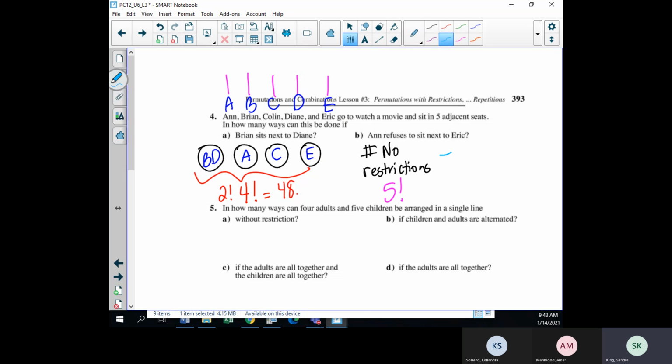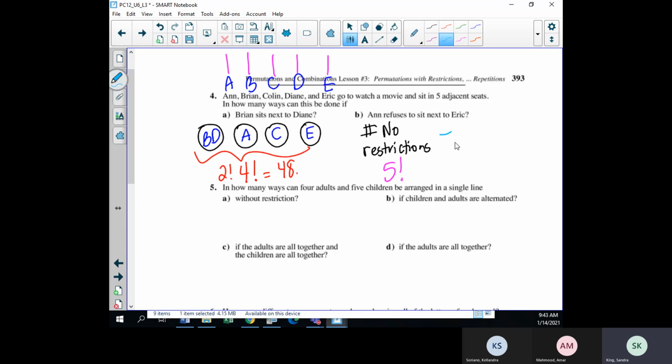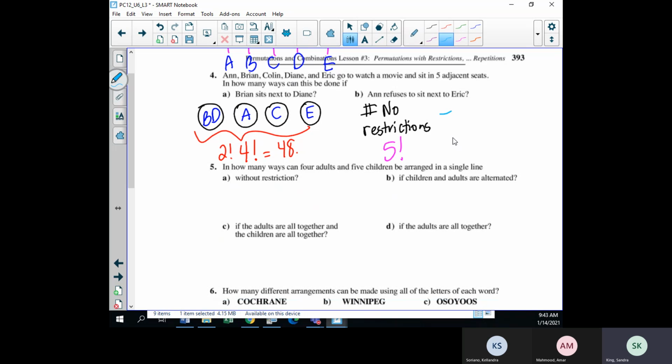Minus the complement of these guys not sitting next to each other because they fight, which is you put them next to each other. So the number of arrangements where Anne and Eric are together.